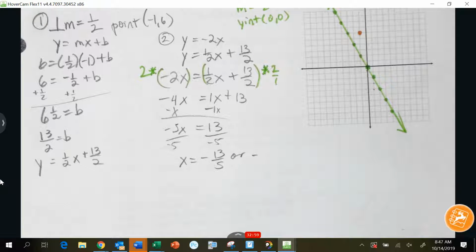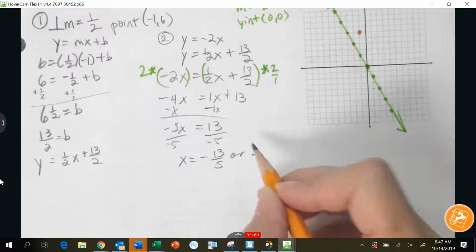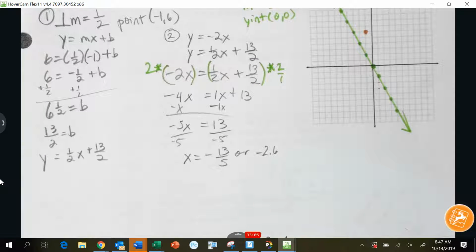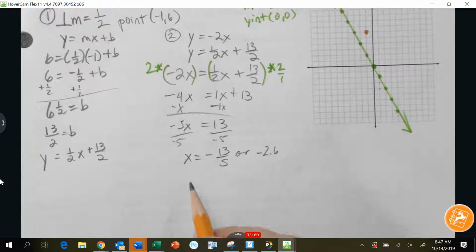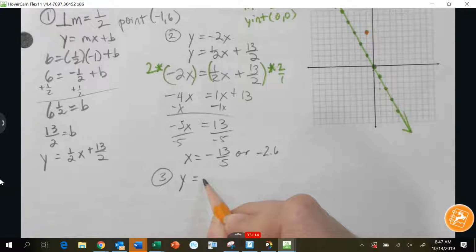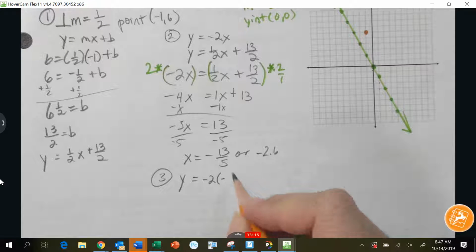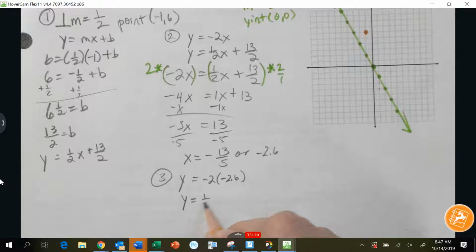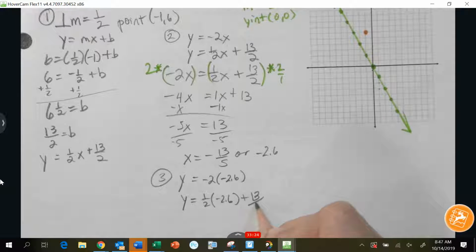You guys like decimals, so I'll change it into a decimal. Okay, what do you got to do to find y? Plug it in. I'm just using my calculator because of time.